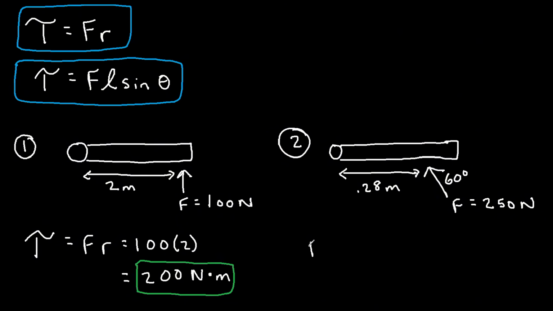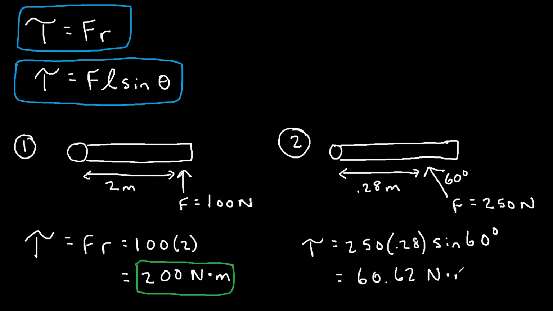So we'll say the torque is going to be equal to the force, which is 250, times L, the distance between the axis of rotation and the point where the force was applied, so that's 0.28, times the sine of the acute angle, which is 60 degrees. If you punch this into a calculator, this comes out to about 60.62. And again, we'll say Newton meters. So that is the torque that's being applied in this particular situation.